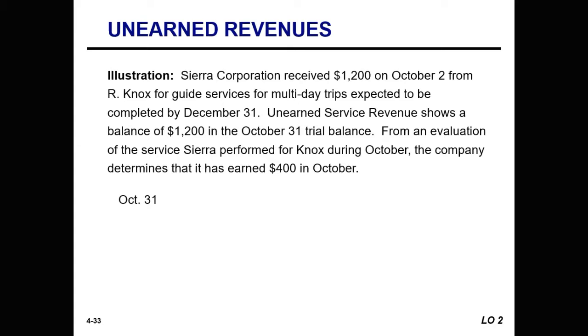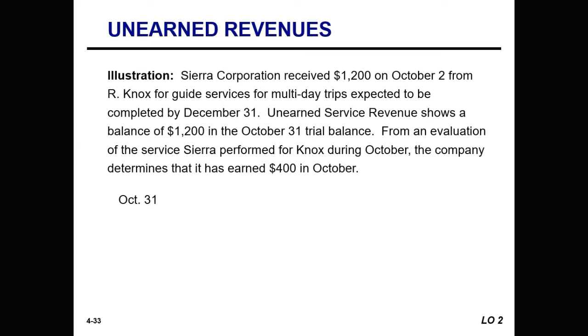The expectation is somewhere between October 2nd and December 31st, these amounts will be earned. We don't know when, though, at this point. Our unearned service revenue will have a balance of $1,200 with no other adjustments having been made in the October 31st trial balance.